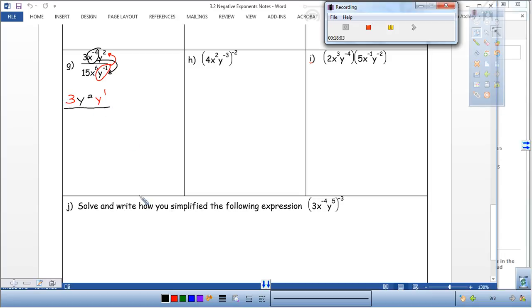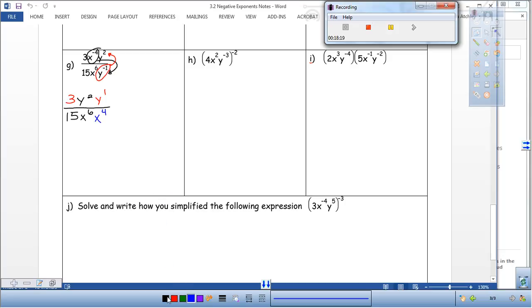On the bottom, the 15 stays where it's at. The x to the 6 stays where it's at. The x to the negative 4 is moving down. So that's going to be on the bottom now. And it becomes a positive 4 exponent. The y is now to the top, so we're good.